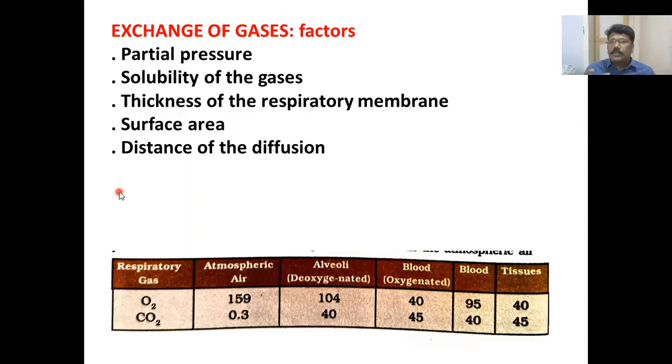So each gas will have certain pressure in the total pressure exerted by the amount of air which we take in. So automatically the partial pressure of the gas is a very important factor that plays in the diffusion of the gases.